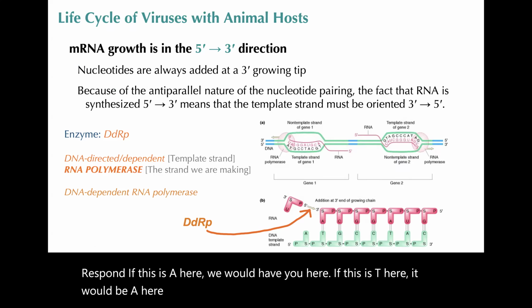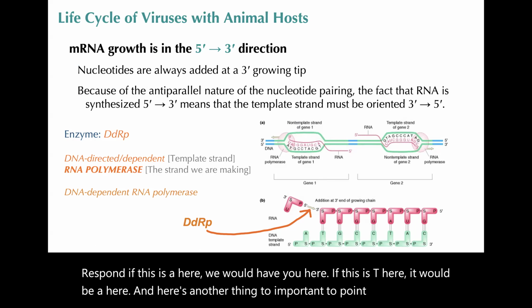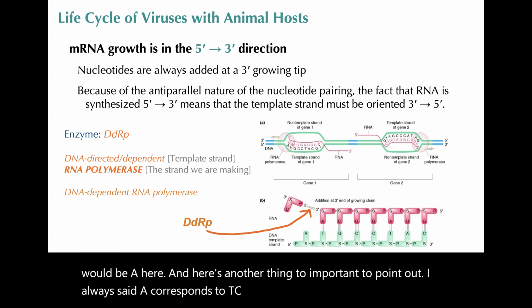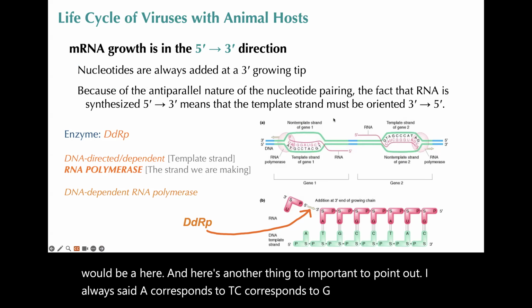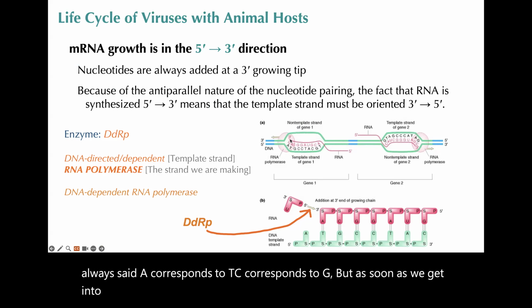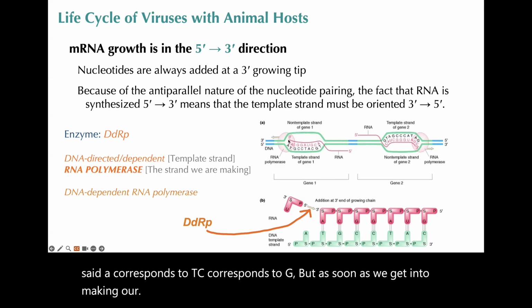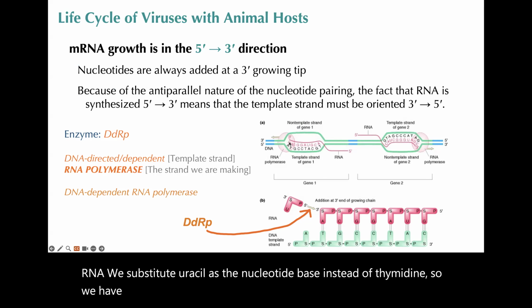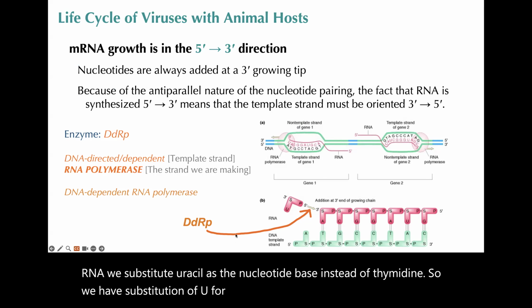And here's another thing important to point out. I always said A corresponds to T, C corresponds to G, but as soon as we get into making our RNA, we substitute uracil as the nucleotide base instead of thymine. So we have substitution of U for T. All right.